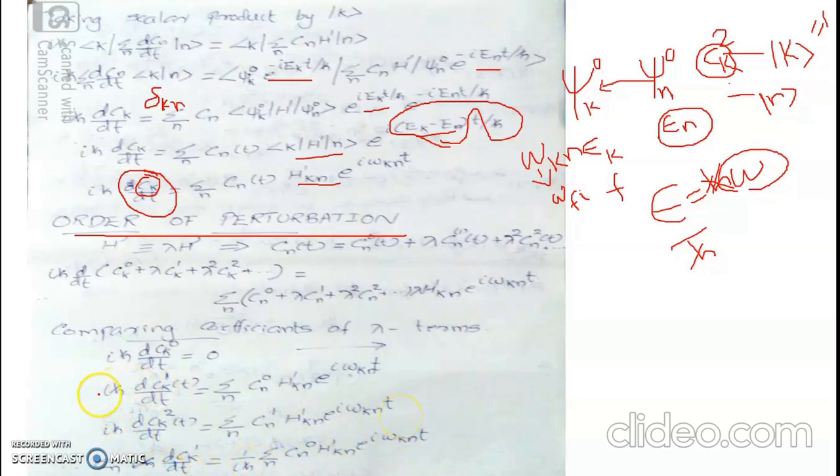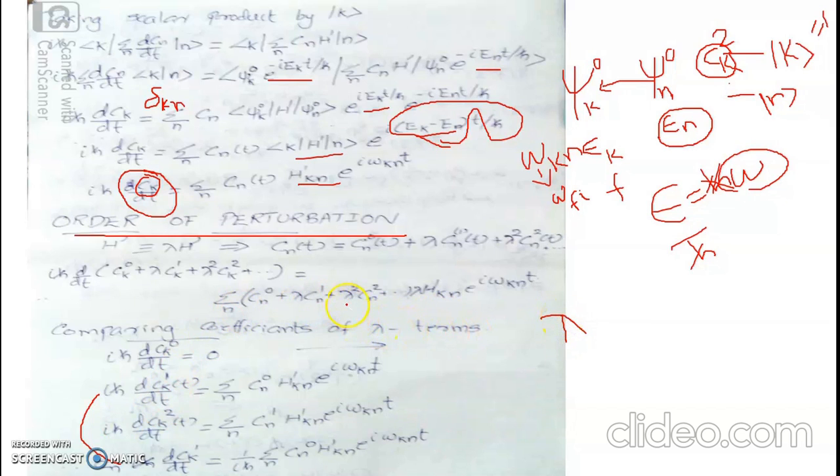Now look at the first order perturbation term, because this will be the one and only significant term as far as our limit of accuracy is concerned. As we know, the perturbation parameter lambda is an extremely small quantity.